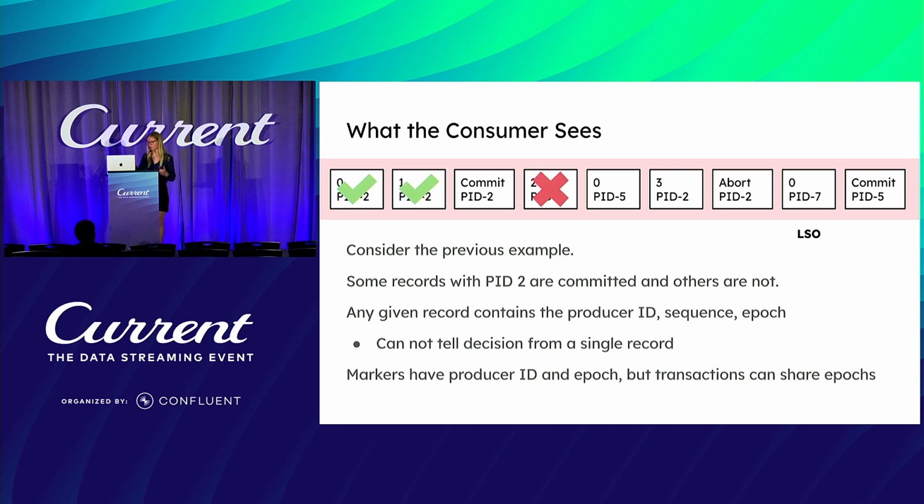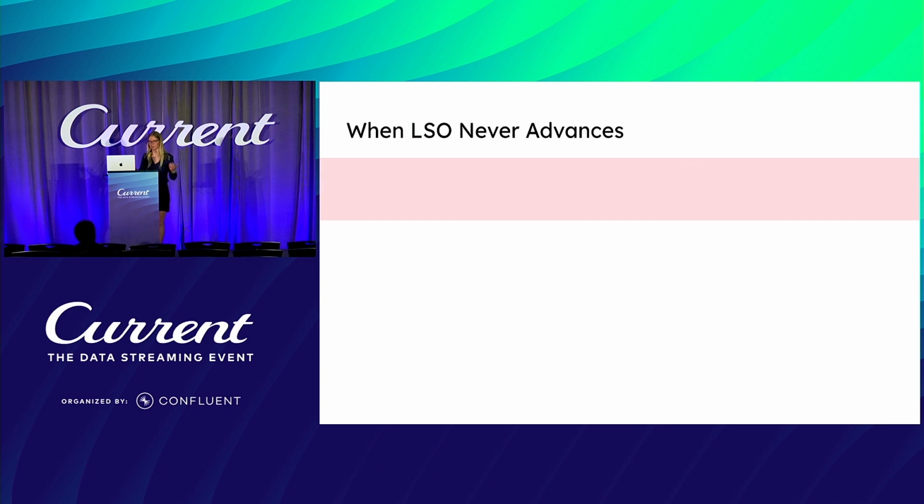But we see this one was producer ID 2 at the 2, and we haven't seen the corresponding abort marker yet, so we can't read it yet. This one we can read, it's the producer ID 5. We don't have any information about producer 5 being aborted. And this one is also producer ID 2, and once we encounter the abort marker, we can say, okay, no more aborted for producer ID 2, and yeah, that's how that would work.